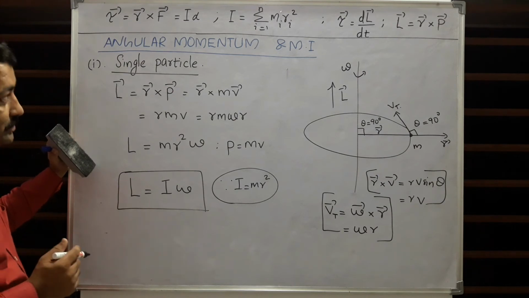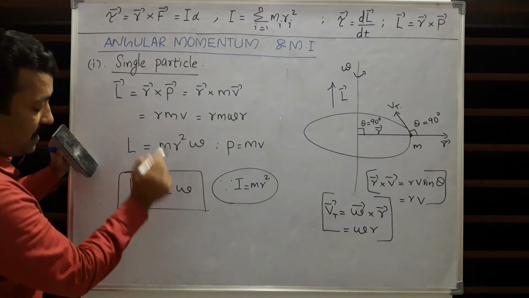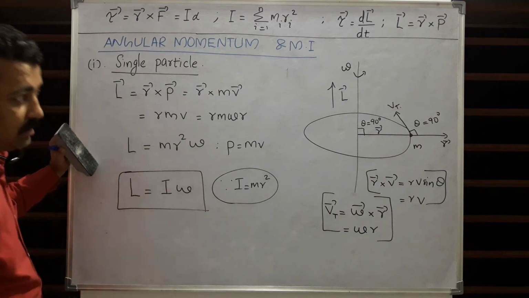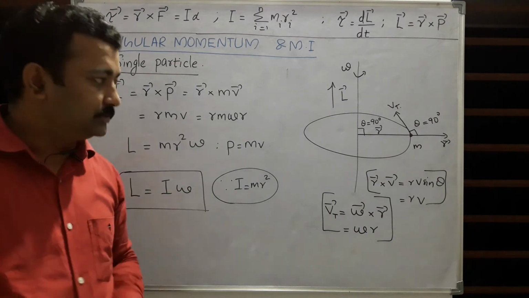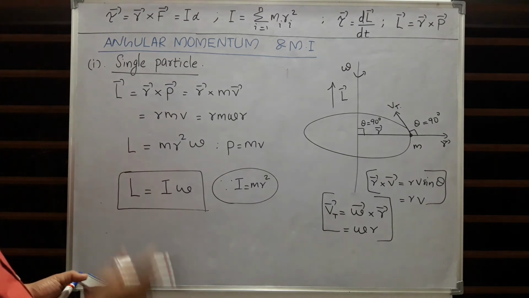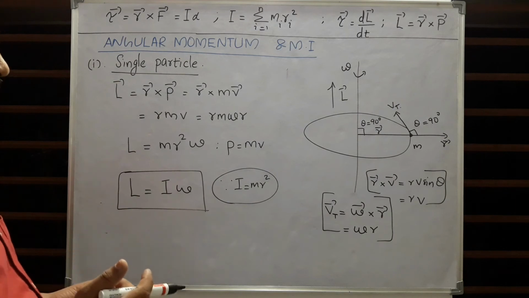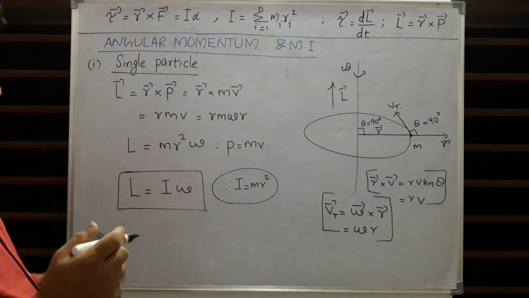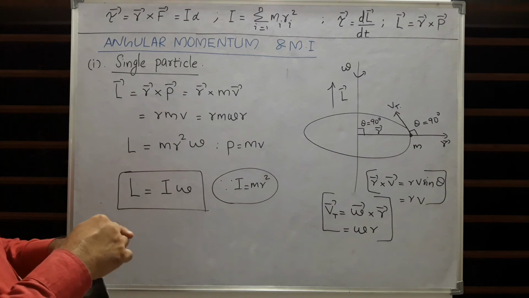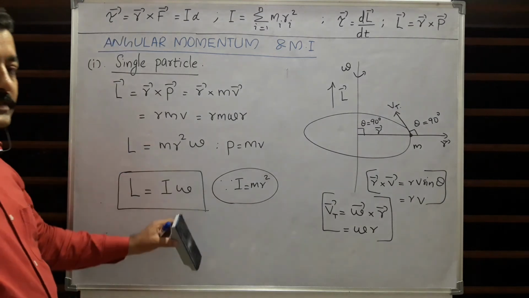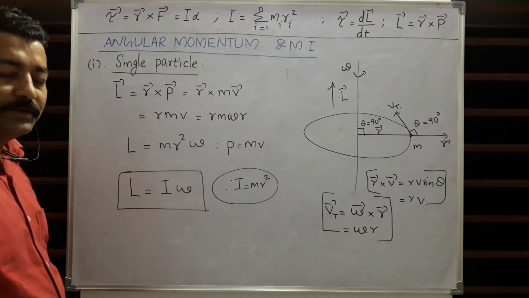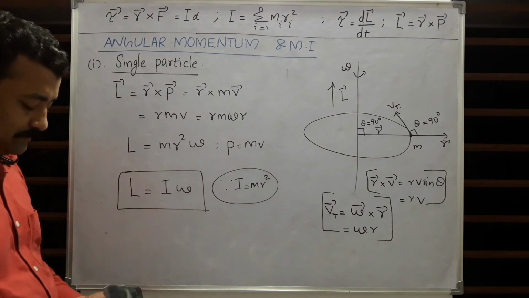So we got the relationship between L and I through omega for a single particle. This is very simple to understand if you have the concepts of cross product. Now, I am extending this into the case of many particle systems.